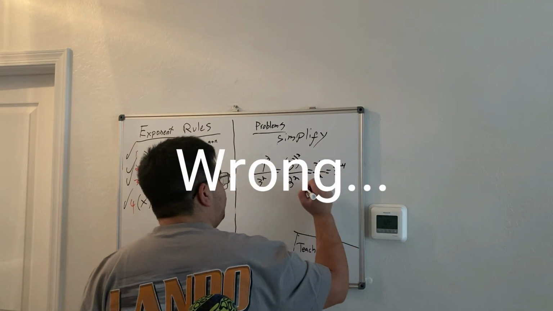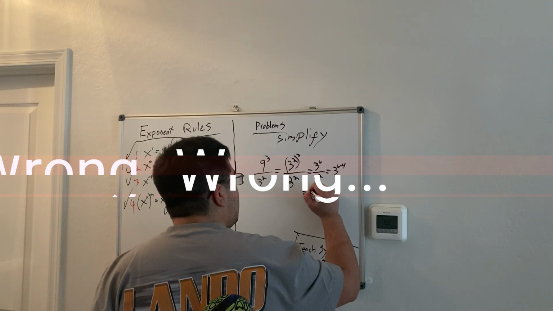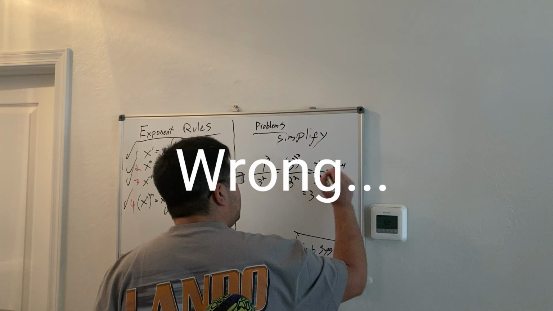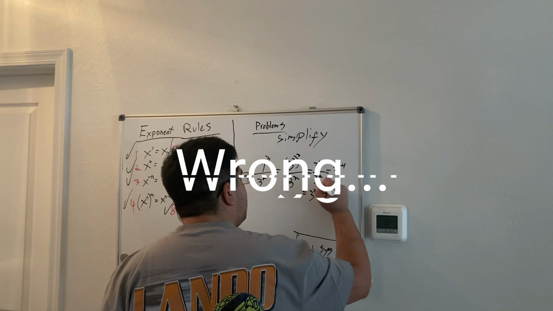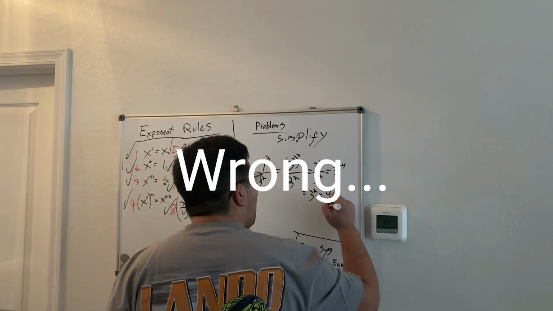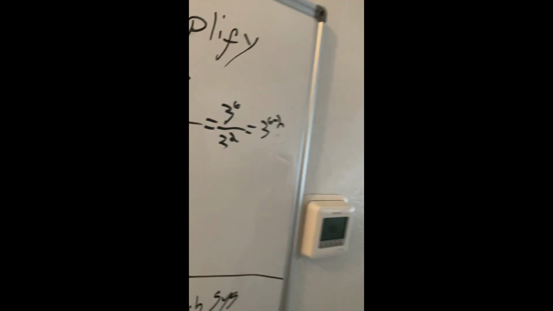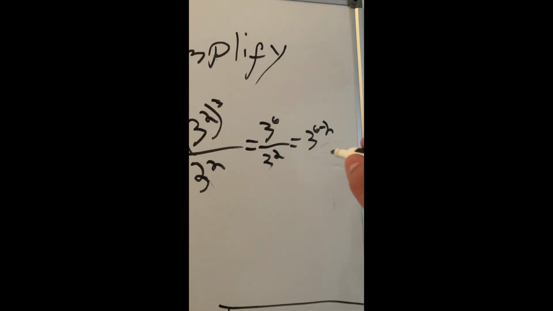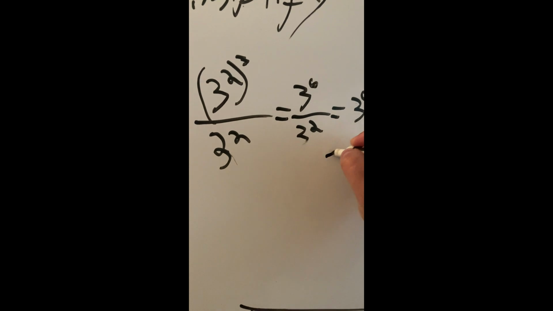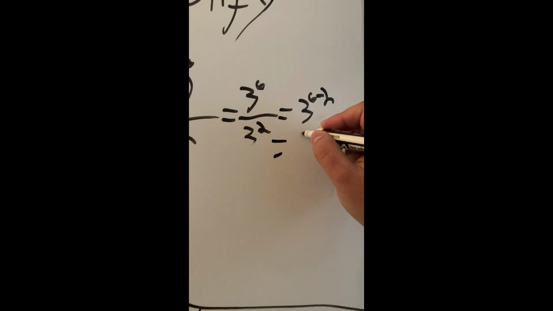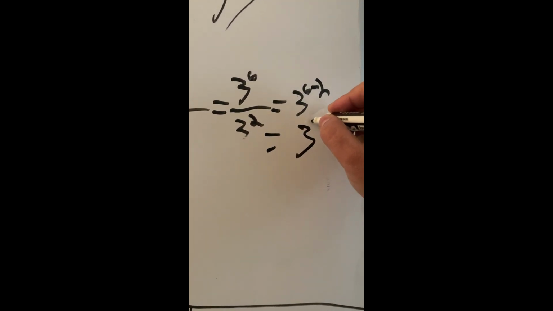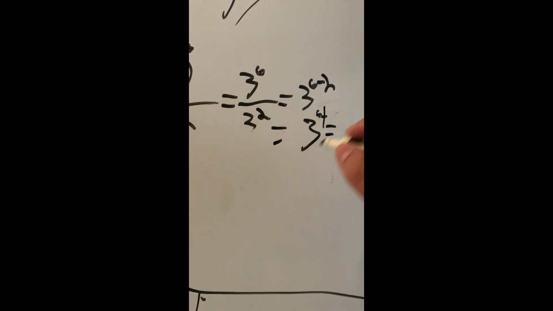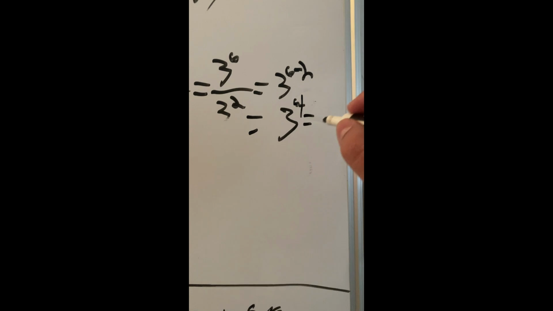And 3 to the 6 minus 4, that equals 3 squared equals 9. Made a mistake. It's actually 3 to the 6 minus 2, which is equal to 3 to the 4th power, which is equal to 3 times 3 is 9, 9 times 9 is 81.